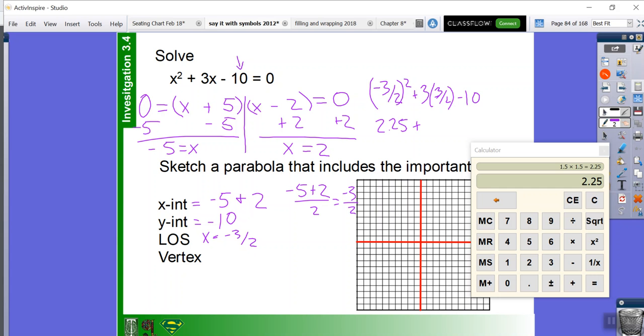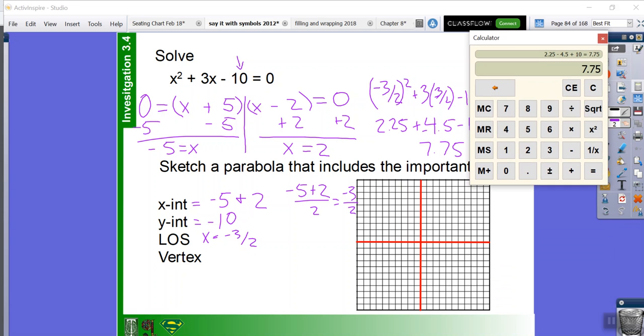And then we're going to take negative 1.5 times 3, and we're going to get negative 4.5, and then subtract 10. That's a negative 4.5. So we've got 2.25 minus 4.5 minus 10, which is negative 12.25.